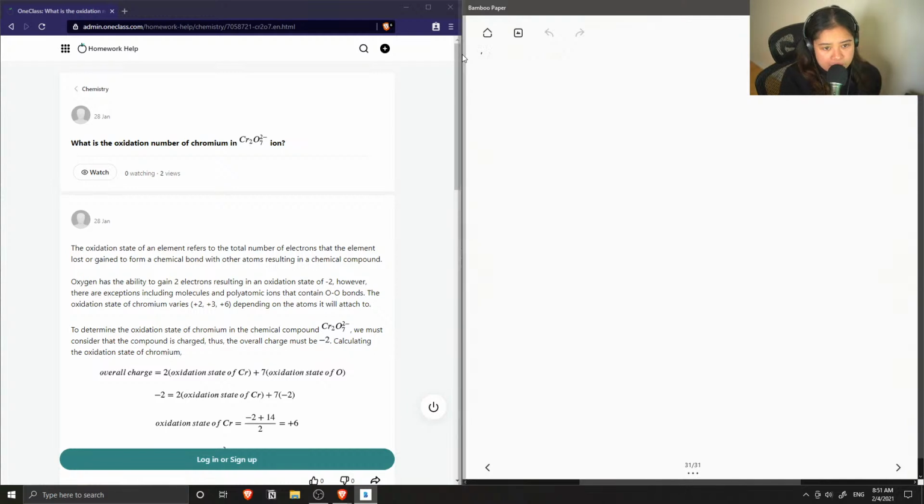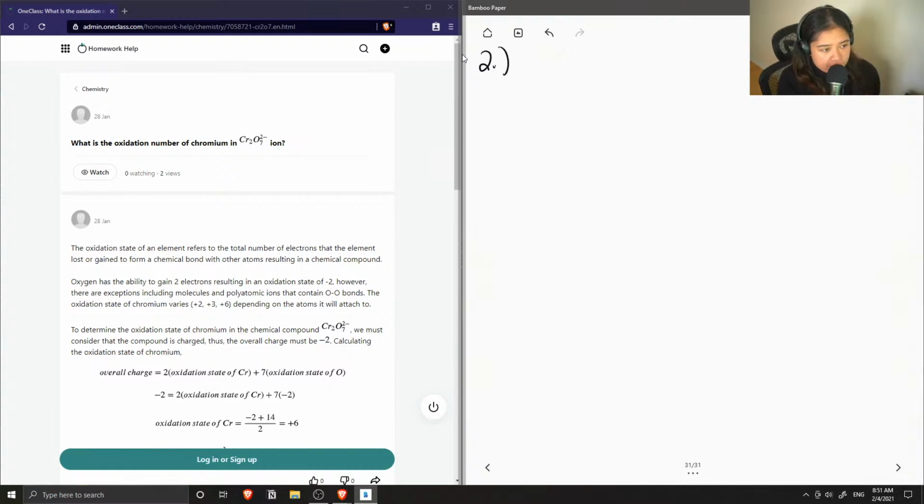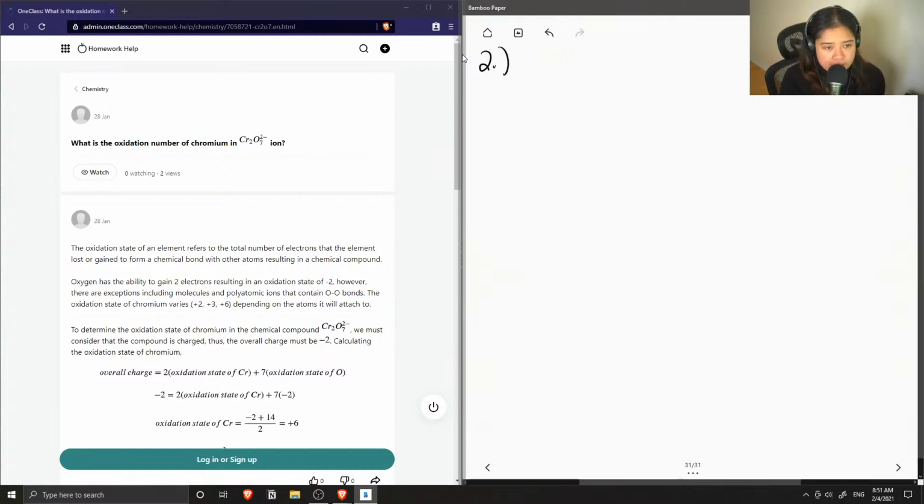Okay, question number 2. What is the oxidation number of chromium in the Cr2O7 ion? First let's define what an oxidation number is.